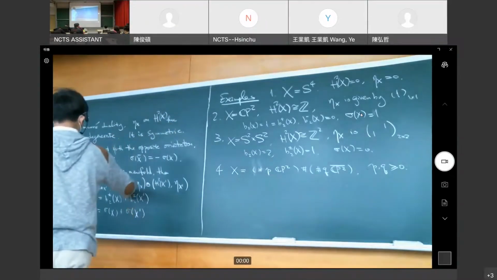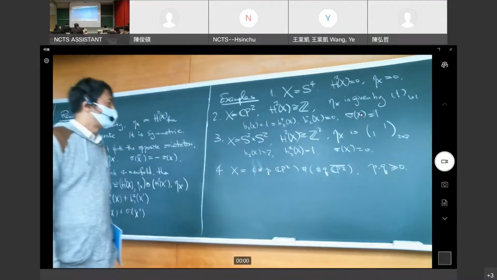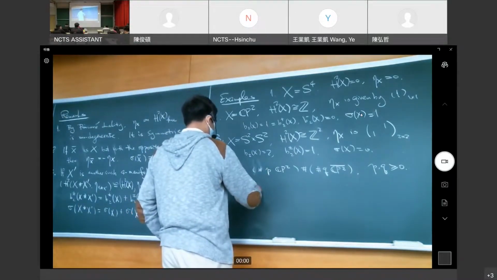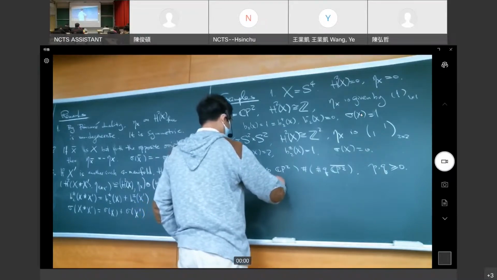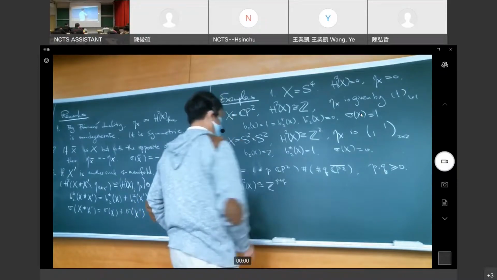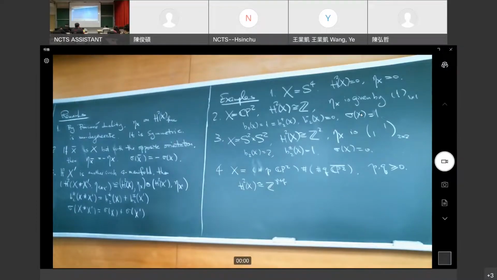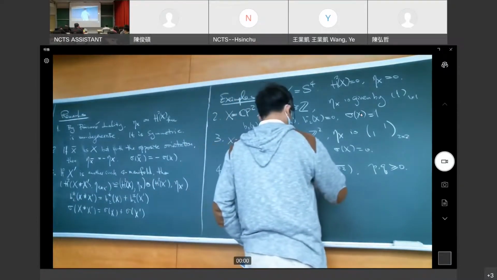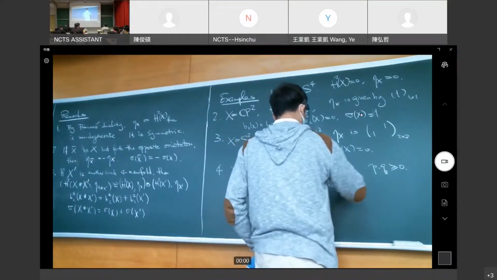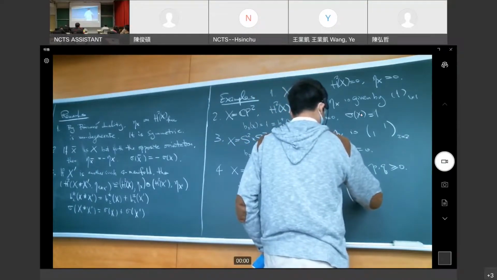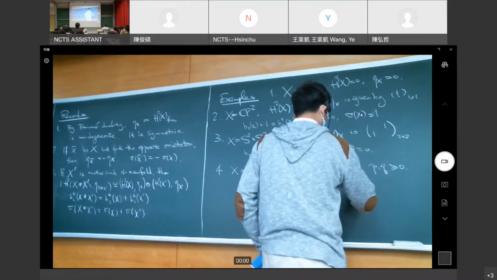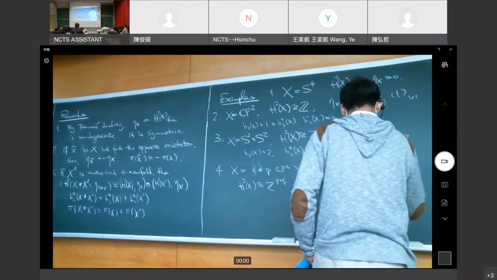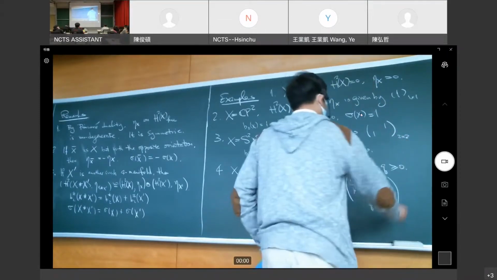Because of the earlier remarks, H2 of X is the direct sum of P plus Q copies of Z, and eta X is given by the matrix with P plus ones and Q minus ones.